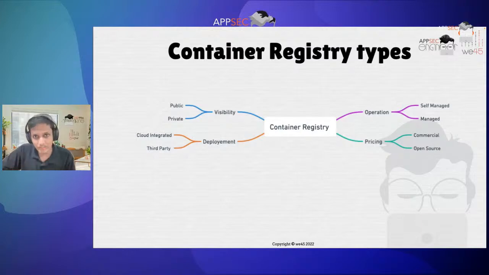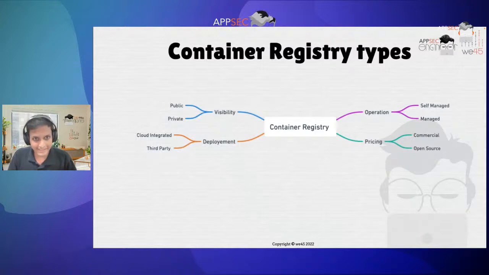Or if you want a self-managed registry, where you deploy your own container registry on a server that you own, you can opt for something along those lines as well. An example of a self-managed container registry would be Harbor, which is an open source project. And for a managed registry, it would be something like Docker Hub or AWS ECR.